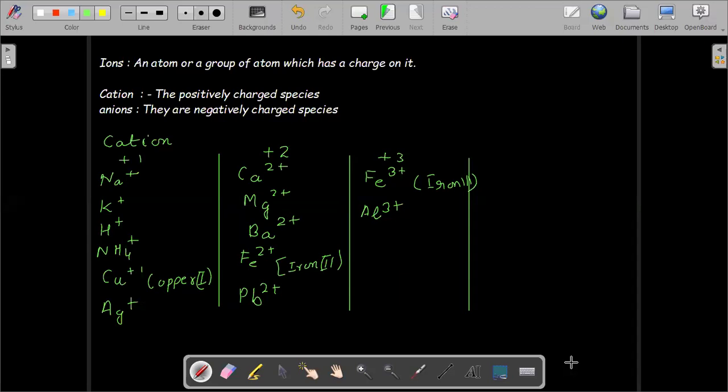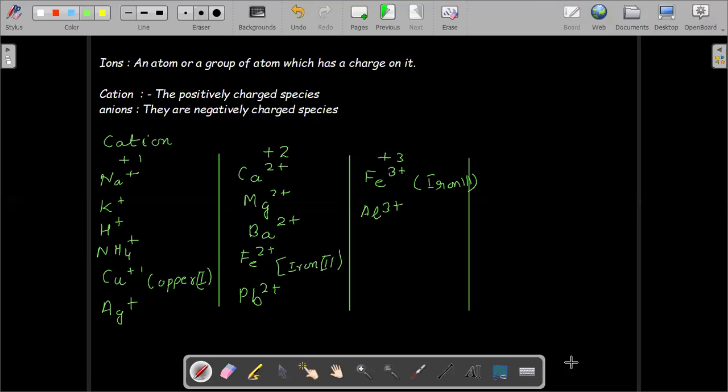Okay. Now we'll move to the anions. Similarly, anions are also classified in three ways: monovalent, divalent, or trivalent. Monovalent means the one which has a charge of -1. Divalent means 2, and tri means 3. So we can also call cations monovalent, divalent, and trivalent.